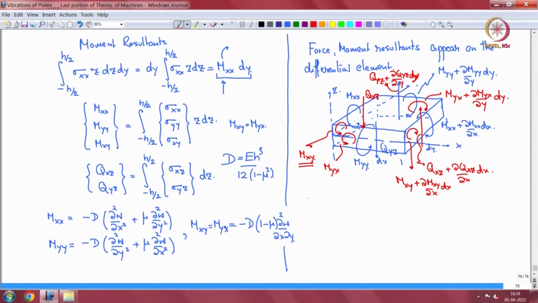Okay, and now in league with Euler-Bernoulli and Kirchhoff theory, the rotational inertia is neglected, and therefore the moment equations are just static moment balances. So what do we get if I take the first equation?